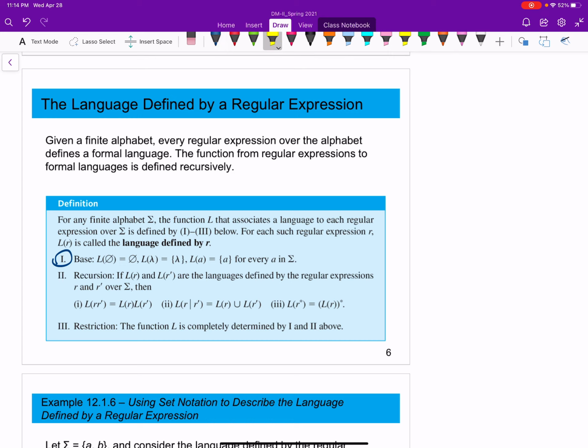And then recursion, this is the base, and then you have the recursion.